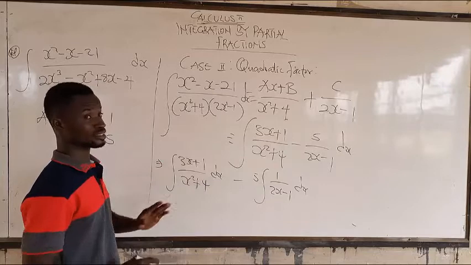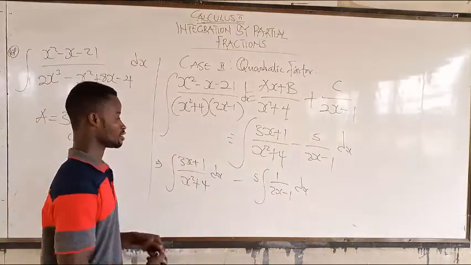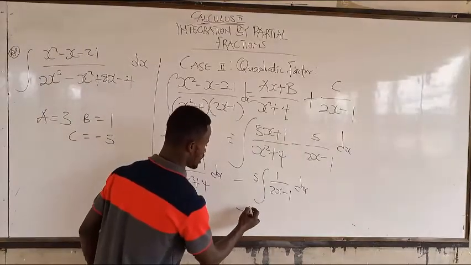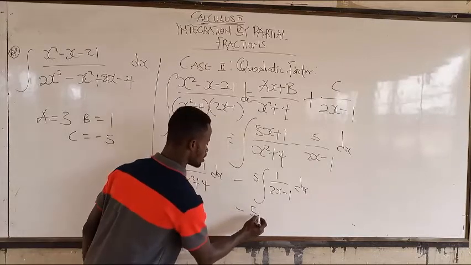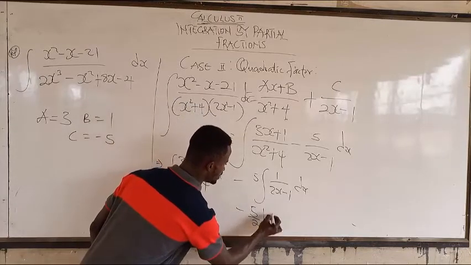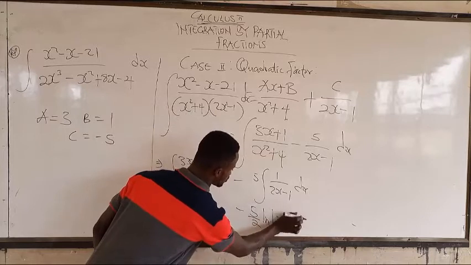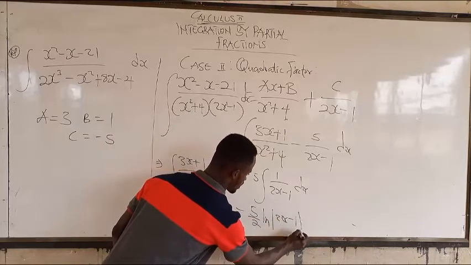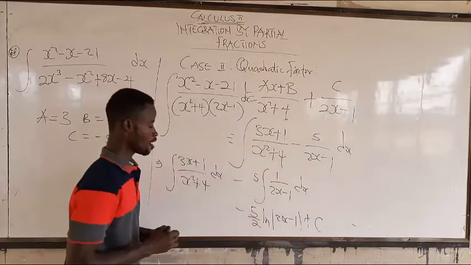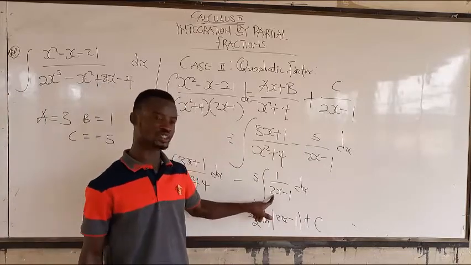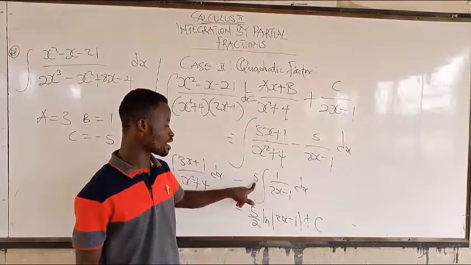Now, to integrate this, there is no problem about it, okay? Here you can make it 5 over 2 ln of 2s minus 1 plus c. If the coefficient is here, it's going to divide whatever is here.